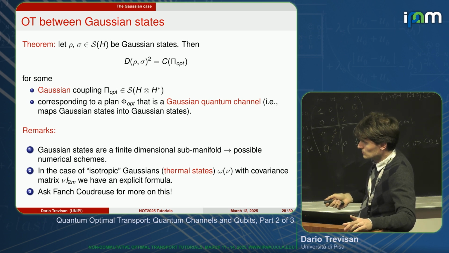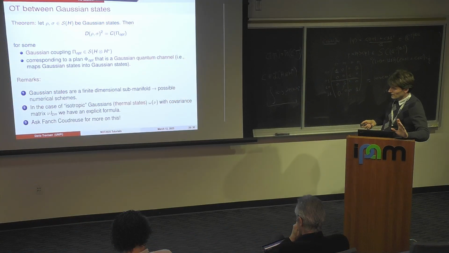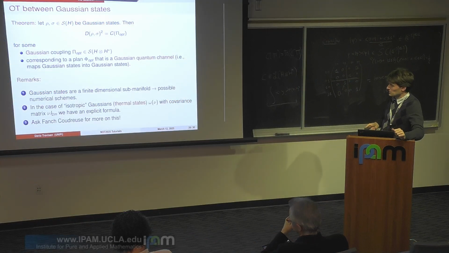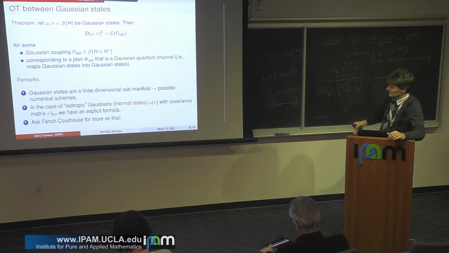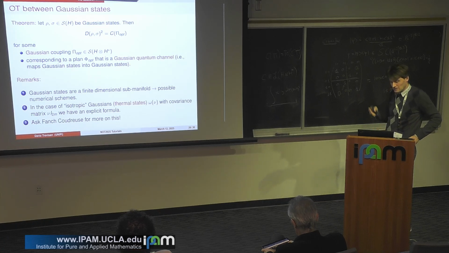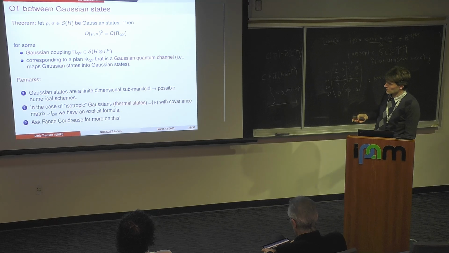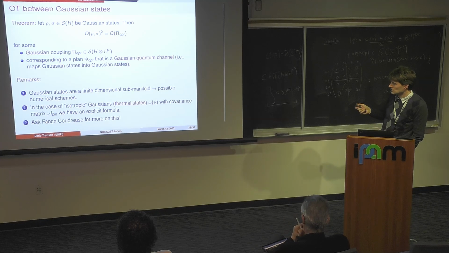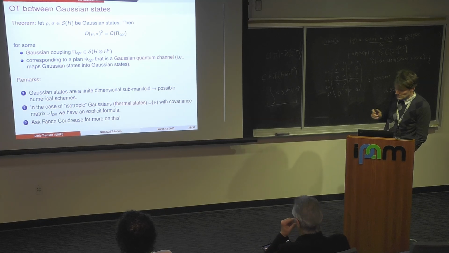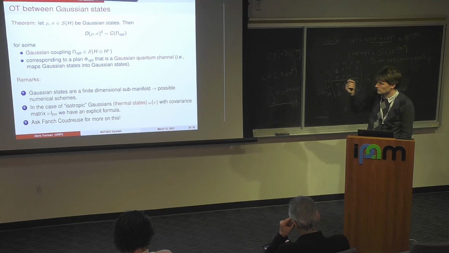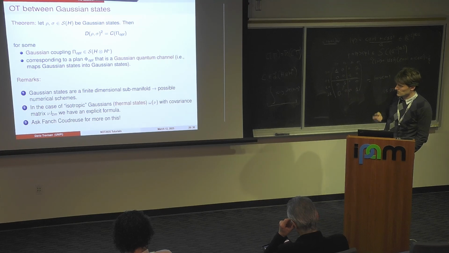But if you want to know more about Gaussians, I guess we should ask Fanch, because he has been working on this, and much more also on the entropic regularization of these things, because also for entropic regularized optimal transport with a quadratic cost, you may find formulas for Gaussians in the classical case. So this is a good setting where you can understand things and maybe then go a little beyond in the infinite dimensional case for some specific examples.